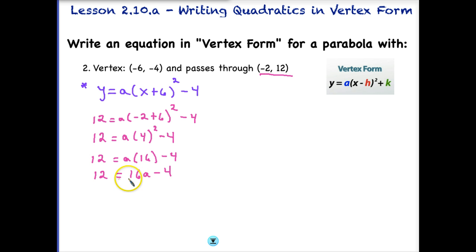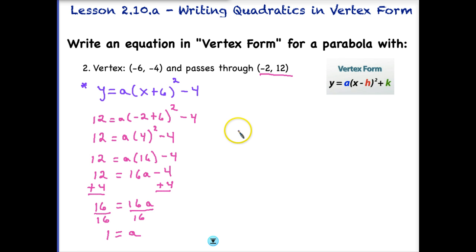Okay, now we're in a form that is familiar, so I'll go ahead and add the 4 to both sides. I will get 16 on this side and 16a on this side. Now to solve for a, I just need to divide both sides by 16, and I get a equal to 1.